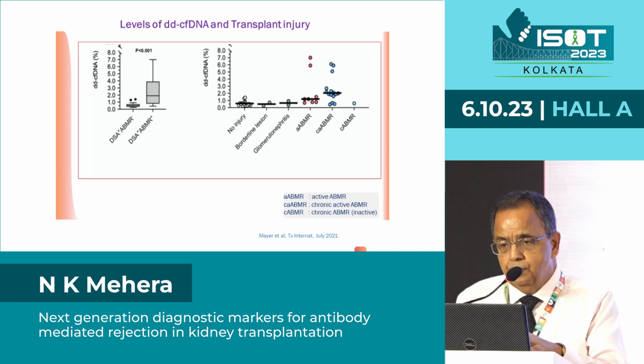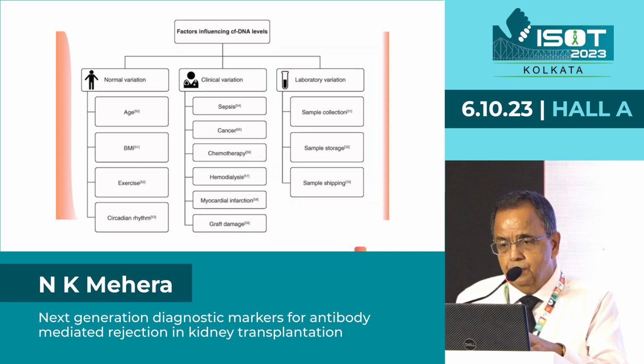What is more important is, on the right side, you can see that this test could actually differentiate between active ABMR compared to the inactive one. But there are a number of factors which influence the cell-free DNA levels. Normal variations could be due to age and the BMI of the individual, or if the person has exercised and you take the sample at that time.